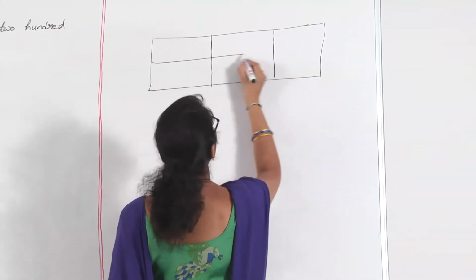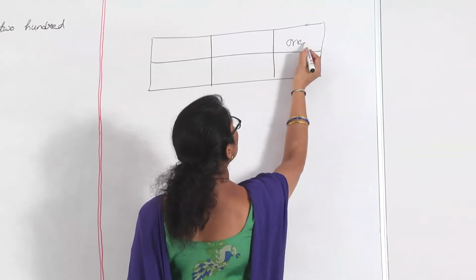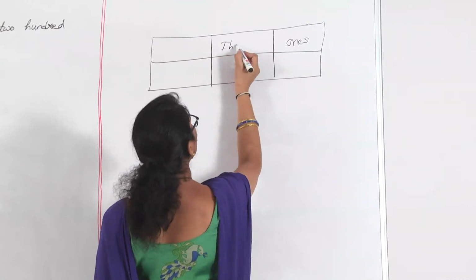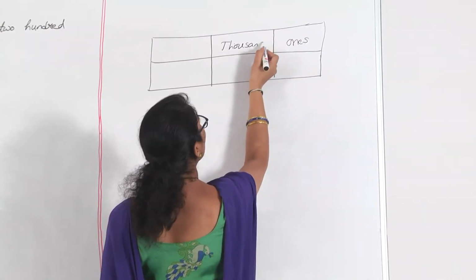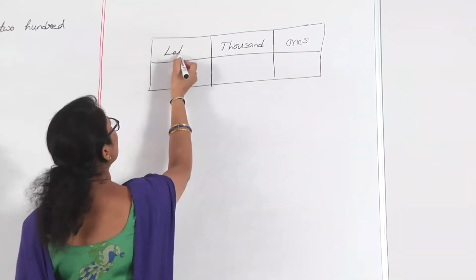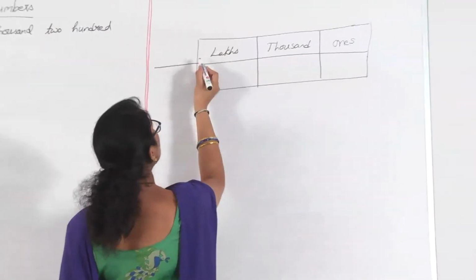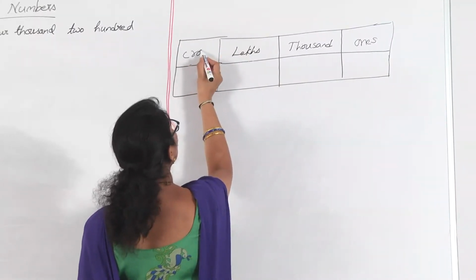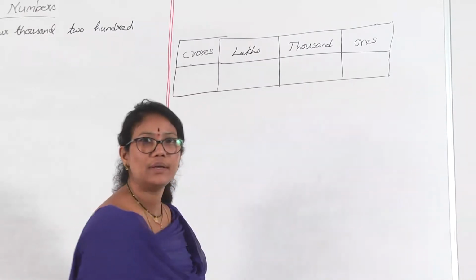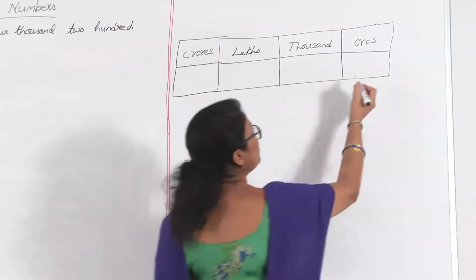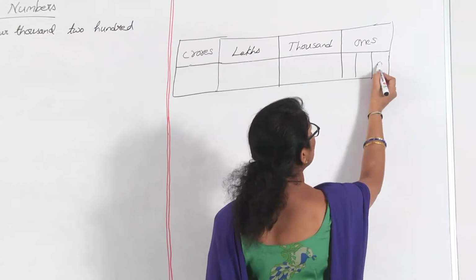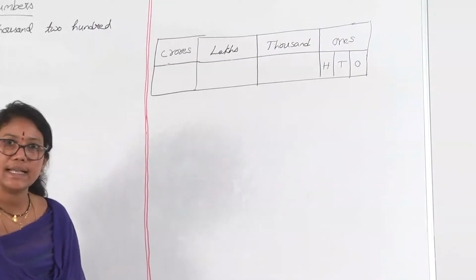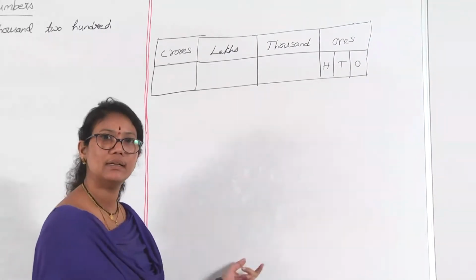It has the ones period, then the thousands period, then the lakhs period, and then this year you will have the crores period too. The ones period has three places: ones place, tens place and hundreds place.